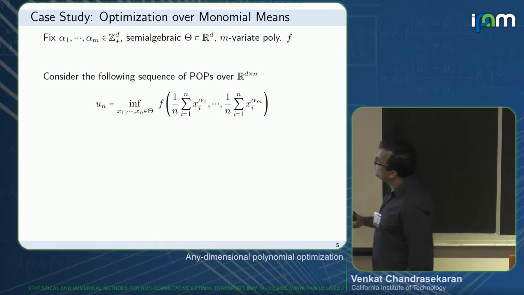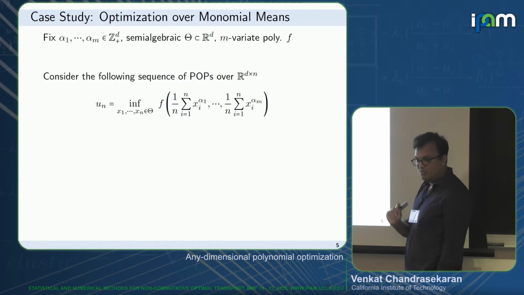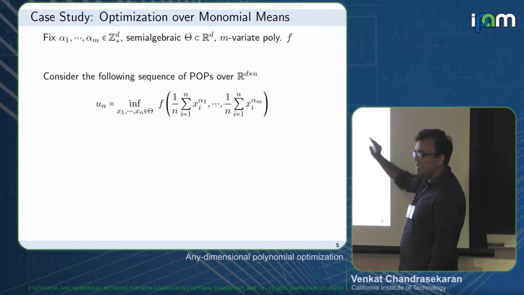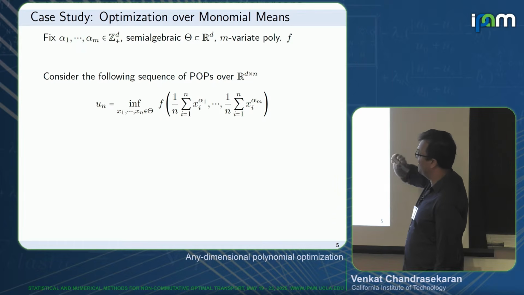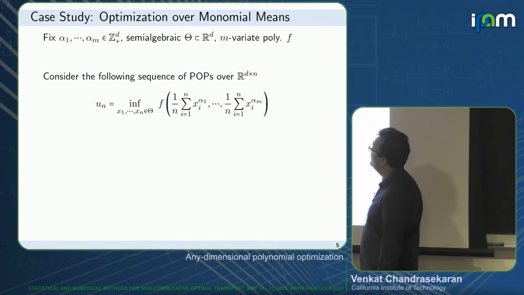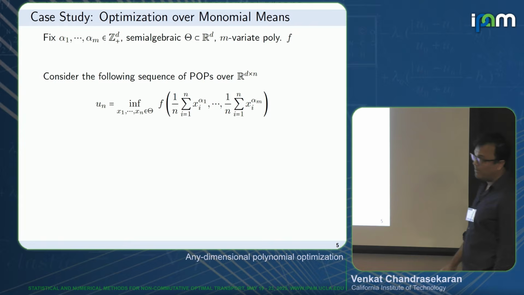Okay, so let's go back to our monomial means problem. I'm going to do it in higher dimensions than the statement I had right at the beginning of this talk. We will fix m exponent vectors, alpha 1 through alpha m, a semi-algebraic subset theta in R^d, and a polynomial f in m variables.